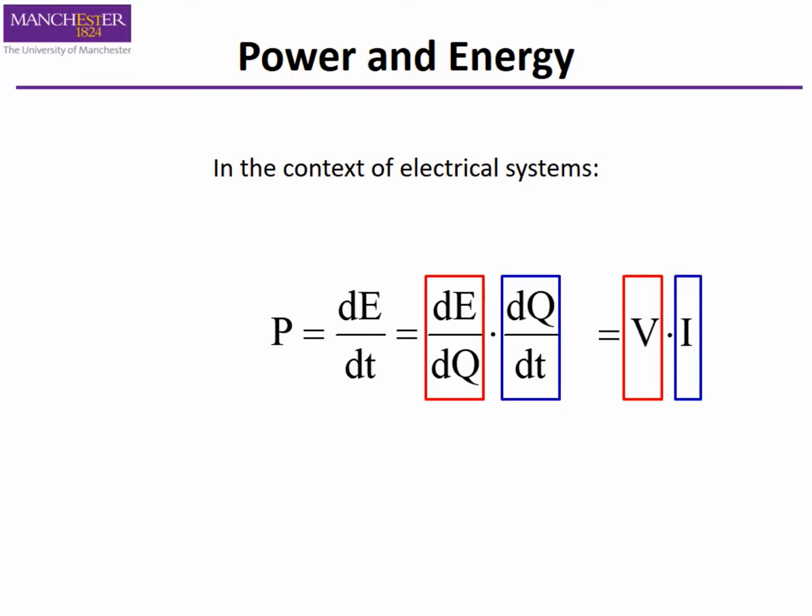Well, dE by dq turns out to be voltage, and dq by dt turns out to be current. So the power is equal to the voltage across a given component multiplied by the current flowing through that component.